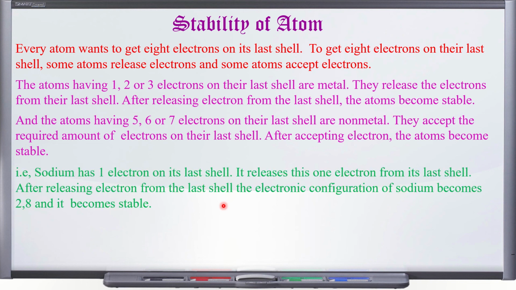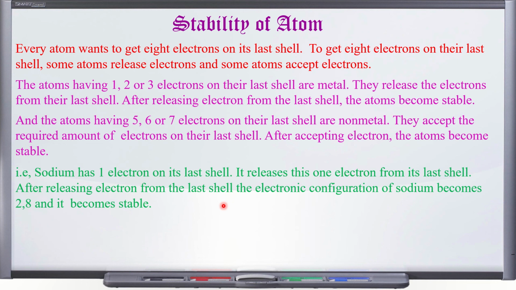For example, look, sodium. The electronic configuration of sodium is 2, 8, 1. So sodium has 1 electron on its last shell. If sodium releases its 1 electron, then its last shell will be the second shell, and there are 8 electrons. So now, after releasing 1 electron, the electronic configuration of sodium becomes 2, 8.